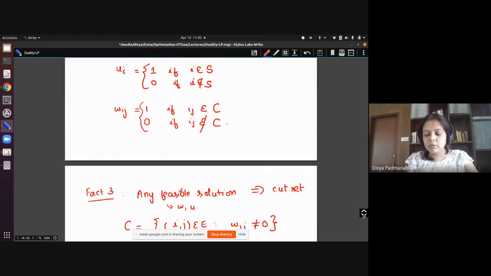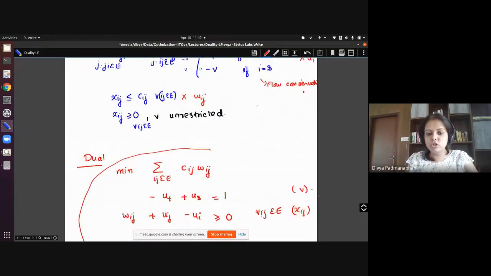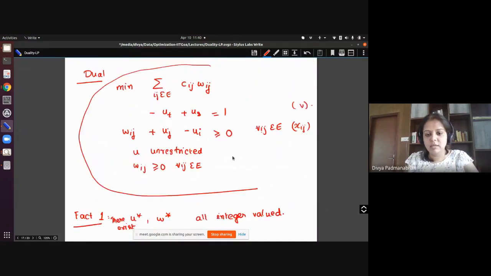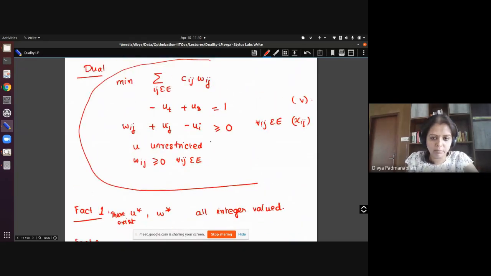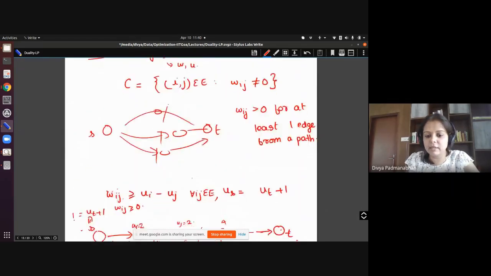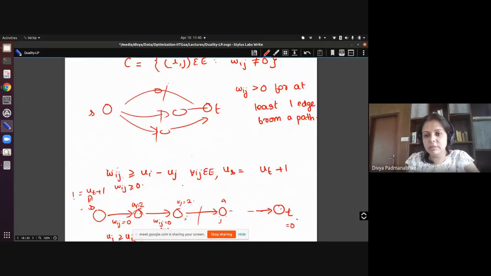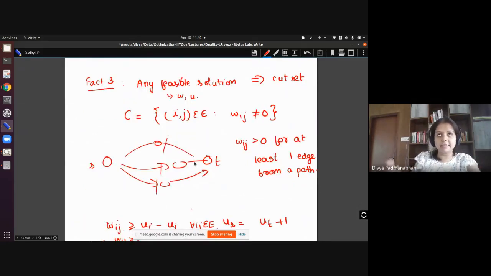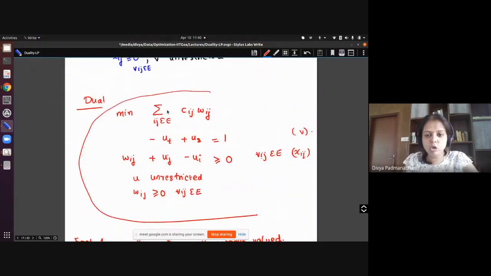Now, in particular, you're trying to minimize this value, so the wij's will have to be exactly equal to 1. Here we took it as greater than or equal to 0, but because you're trying to minimize for the optimum, you're going to have this to be minimized.